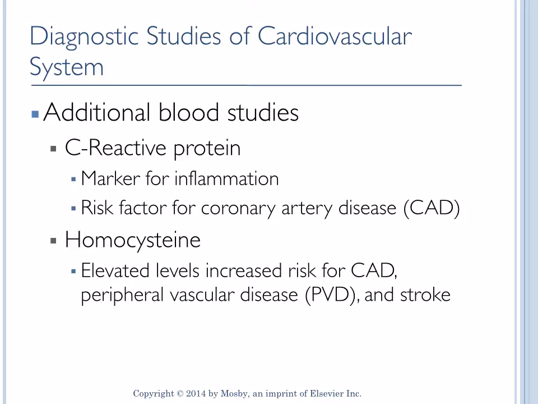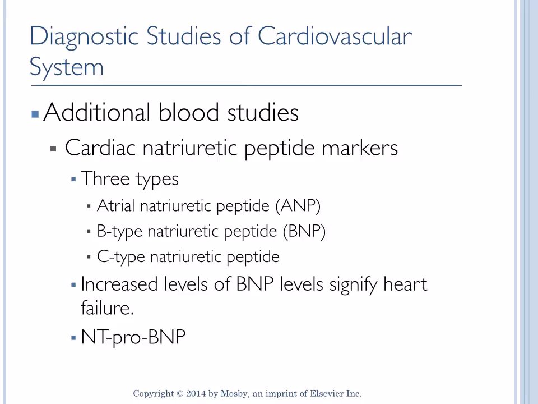So if they have a history of CVD or a family history of early CVD, then we might do homocysteine testing on such patients. As for homocysteine, I want you to know what it is and what elevated levels of homocysteine will indicate. Let's go to the next slide.